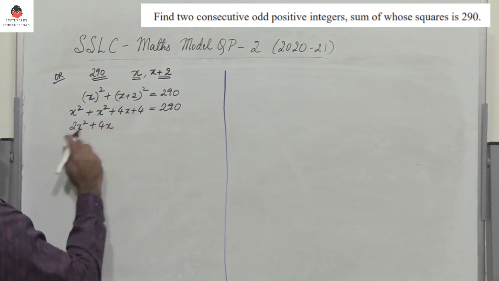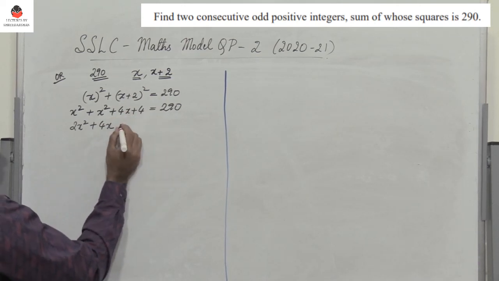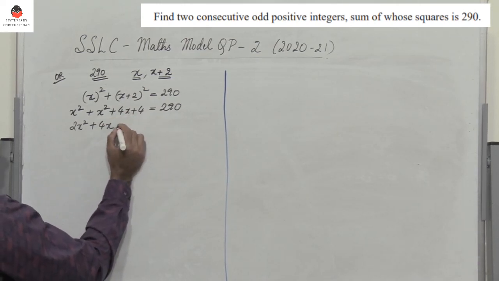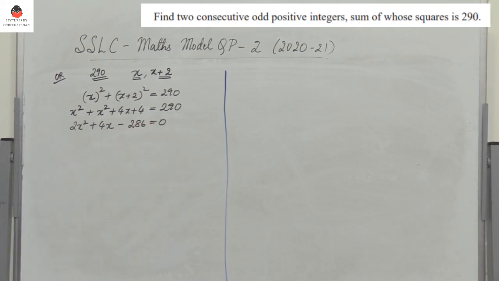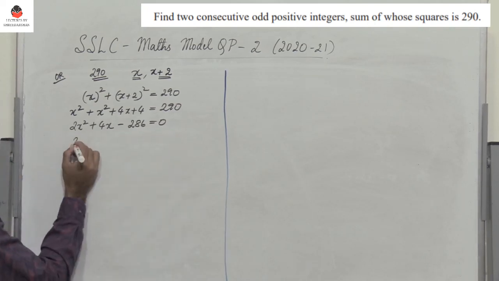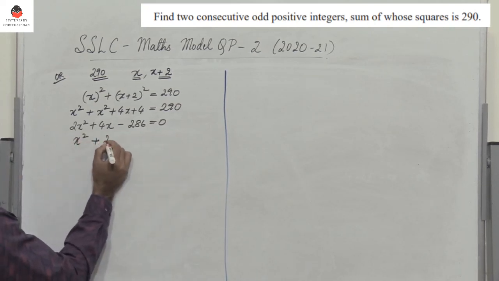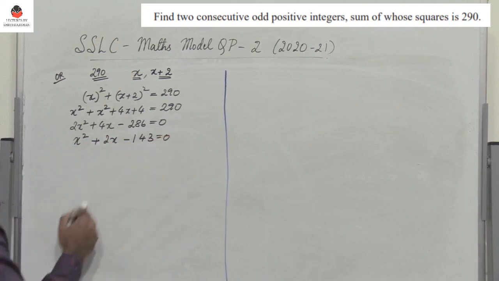I bring 290 to LHS, so it becomes minus 290 plus 4. So that gives me minus 286 equal to 0. So let me divide the entire equation by 2. So I get x square plus 2x minus 143 equal to 0.